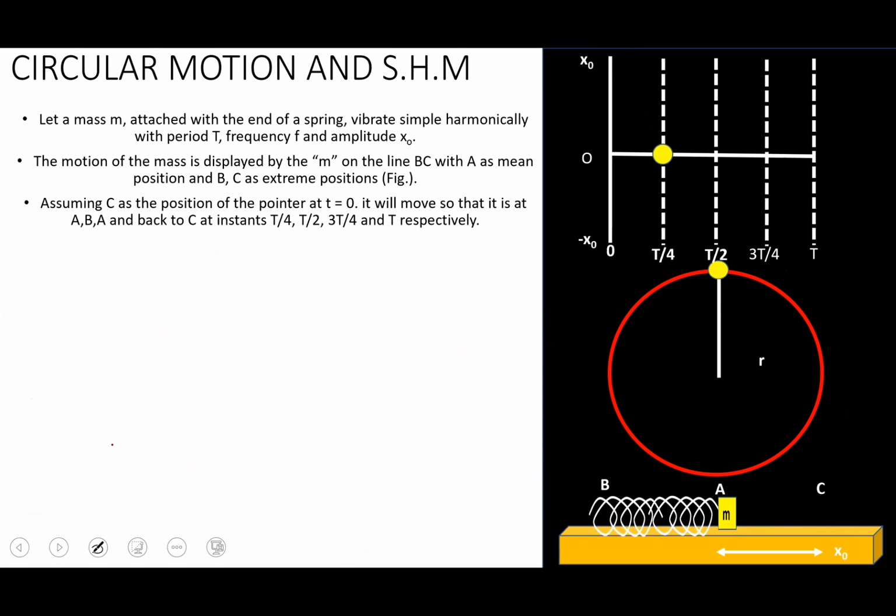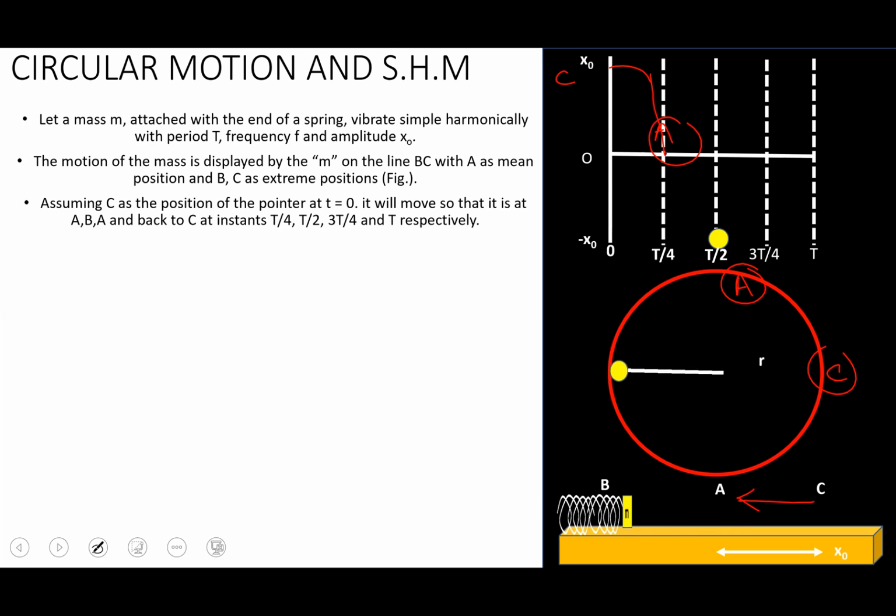If we move and note down the time, in this much time this mass m has reached from point C to point A, and in the same time, in the same way, it has moved from the extreme position C to the mean position point A in the graphical method as well.